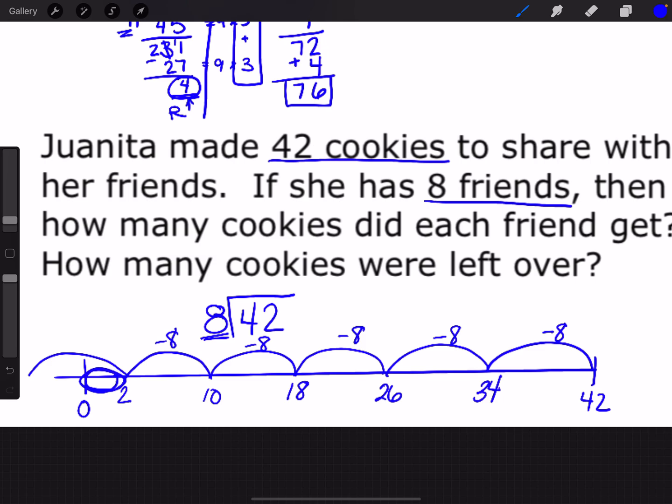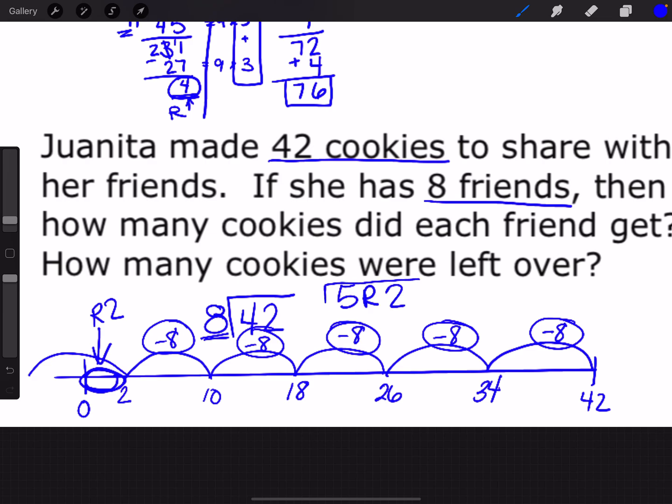So we need to figure out what is this space. If I go from 0 to 2, that is 2. So the remainder is 2 left over. And then we have 1, 2, 3, 4, 5. So 5, remainder 2. But that's not what it asks.